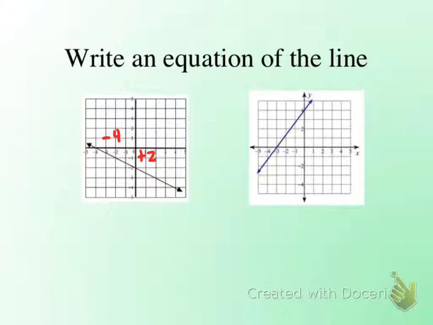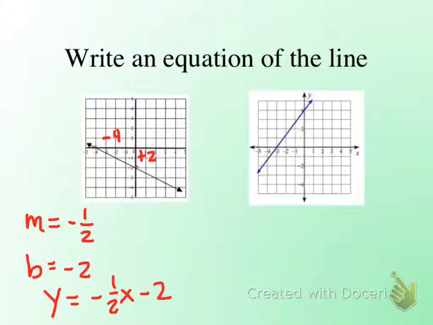Or if you picked another point, that's looking at these 2 points right here. And there are other points where they intersect pretty evenly, but our slope would be a negative 1/2, and our y-intercept is the negative 2. So the equation is a negative 1/2 x minus 2.